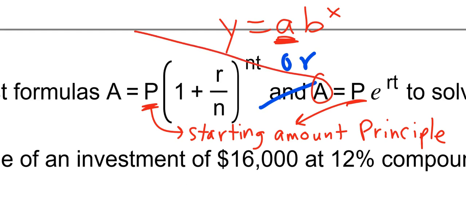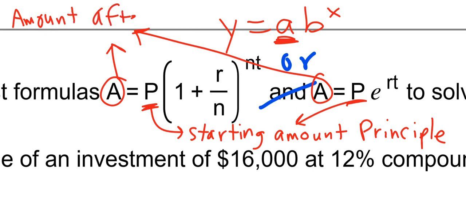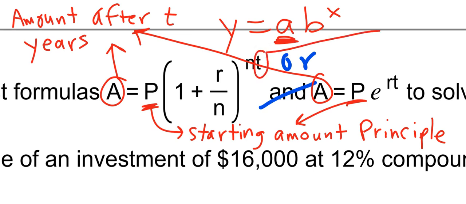A, capital A here, is the amount after T years. Can you guess what T is? Yes, time in years.